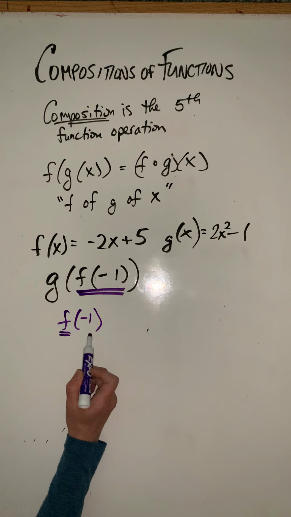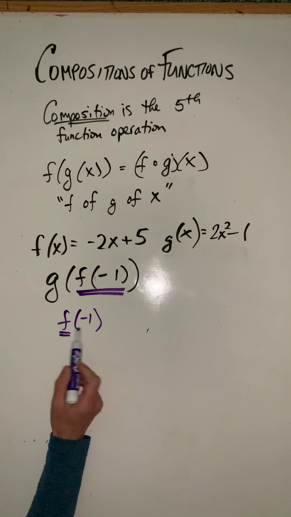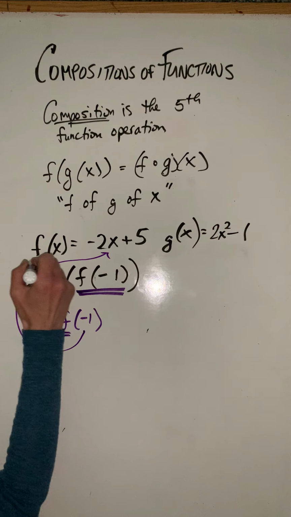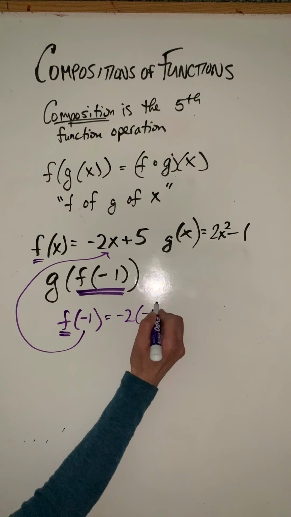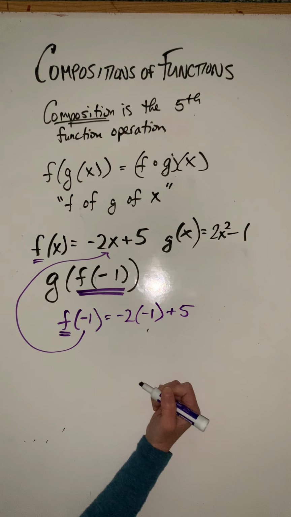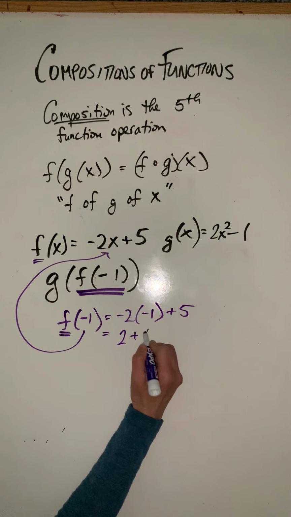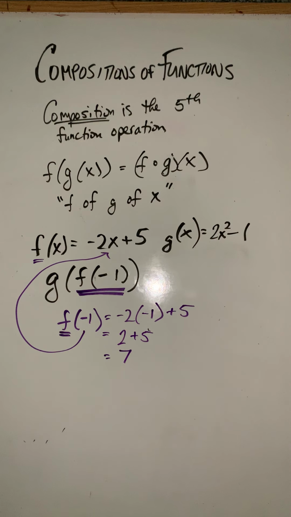We want to know what our function value is for f if x is negative 1. So we take this negative 1 and substitute it into our function f. So negative 2 times negative 1 plus 5. Negative 2 times negative 1 is 2. So 2 plus 5 gives us 7.